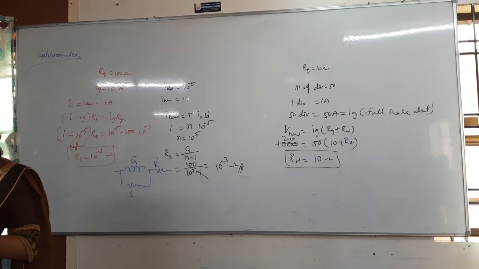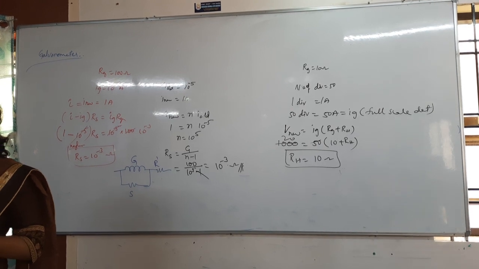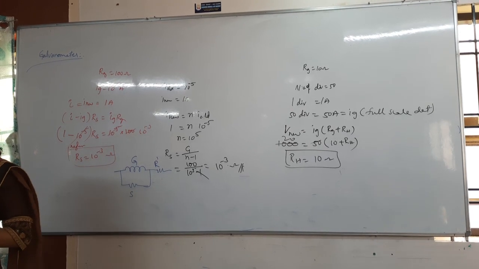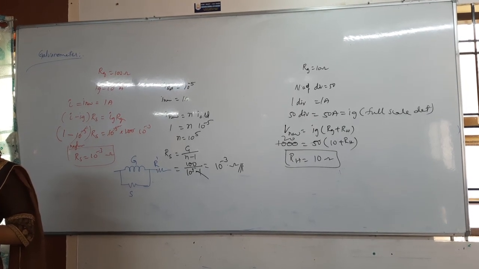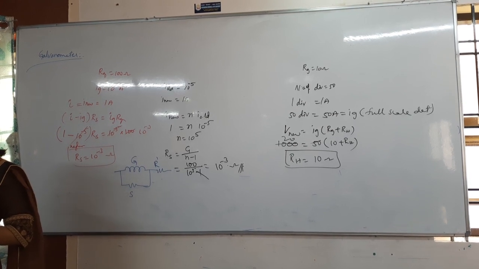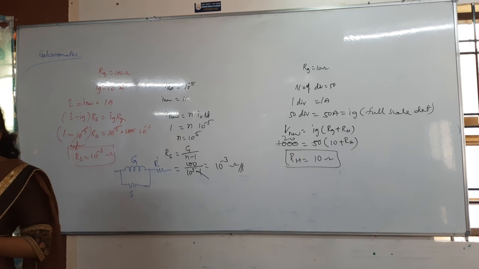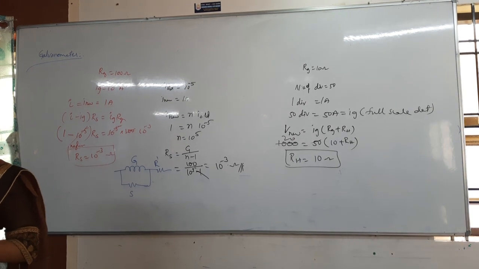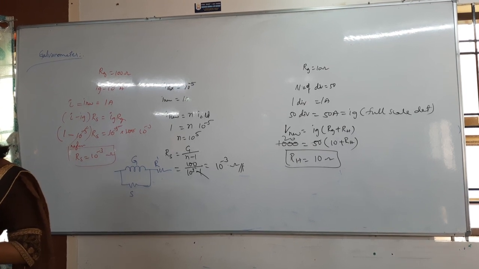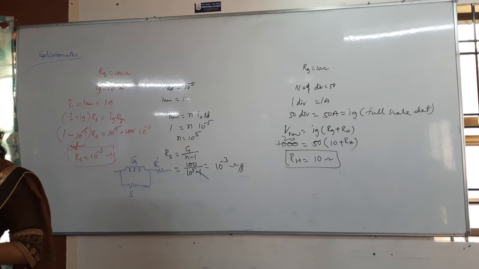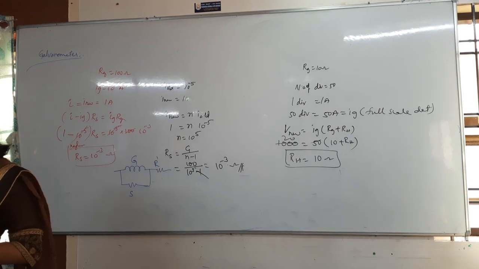Then what should be the value of series resistance, so that the main current in the meter remains the same?